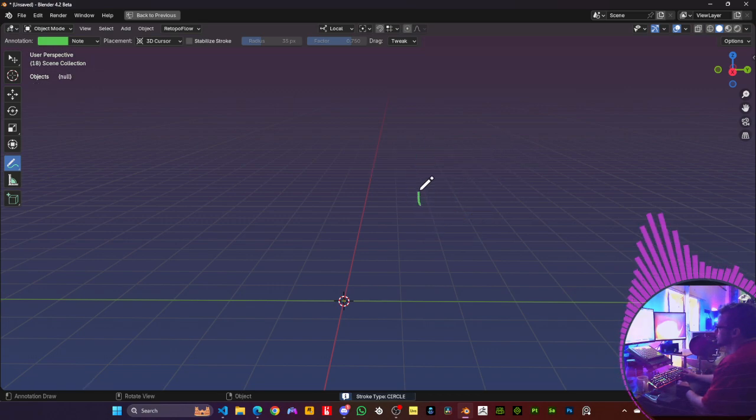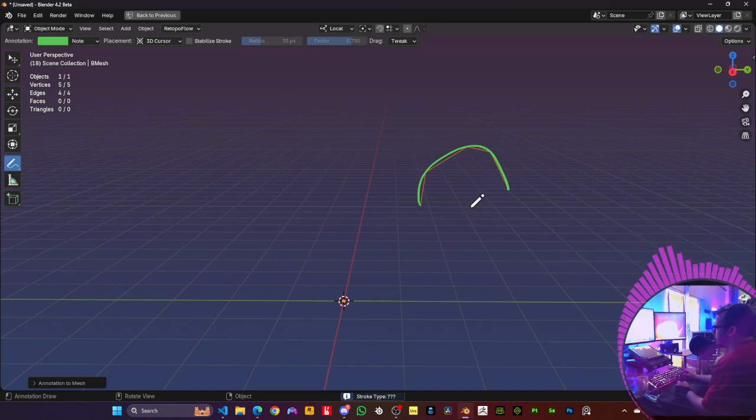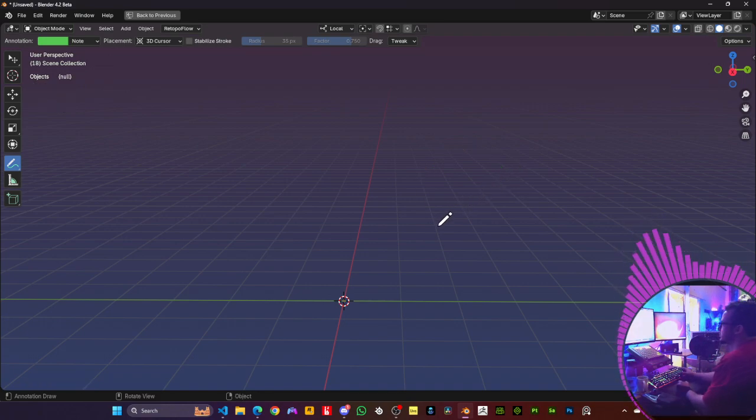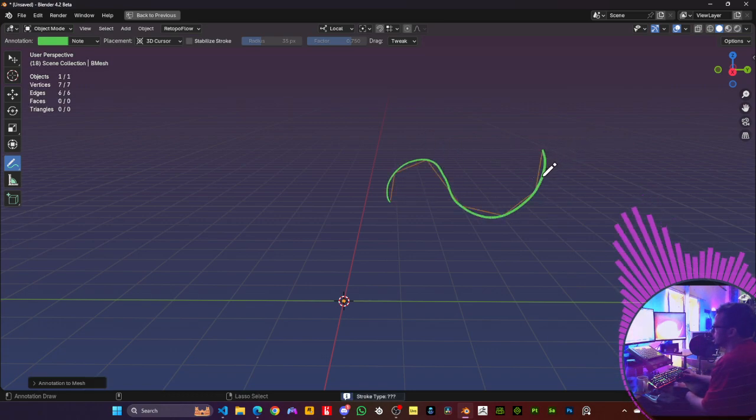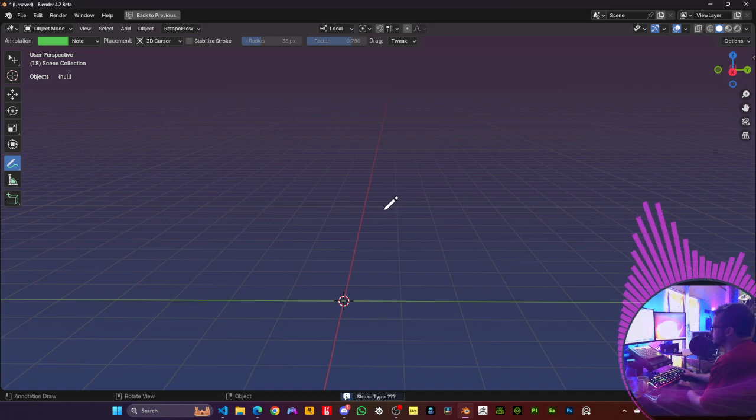Circle. Doesn't know what it is, so it could be an arc or something else. Good. Doesn't know what it is. Correct answer for now. Triangle.